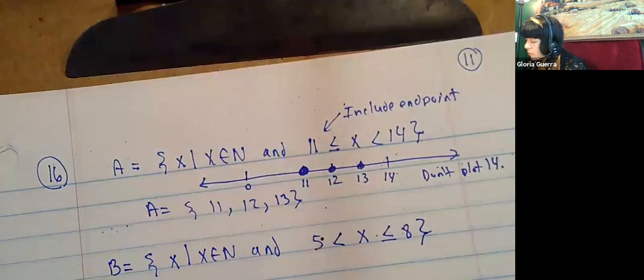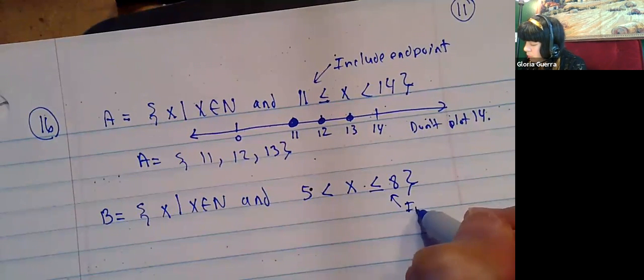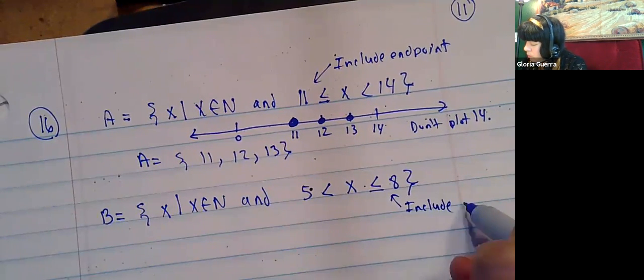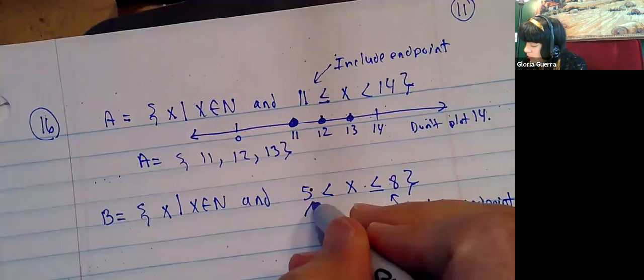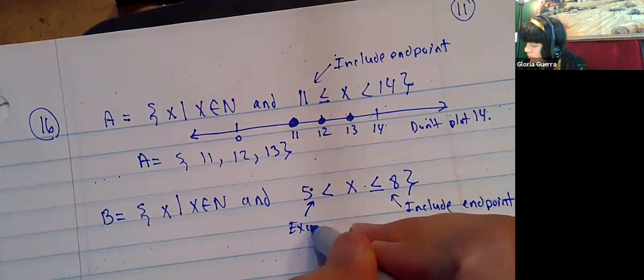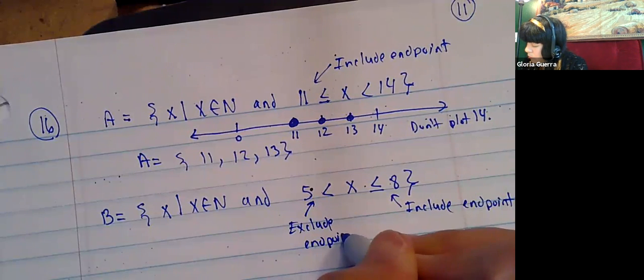So here we want to include endpoint 8, but here you want to exclude that endpoint 5.